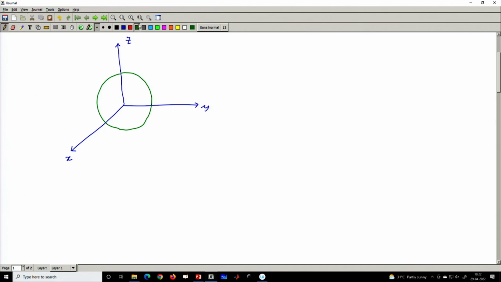And it is in a constant electric field. So the electric field, if I draw, is along this direction. But since it is a conductor, some plus charge will accumulate here, and some minus charges will accumulate here.